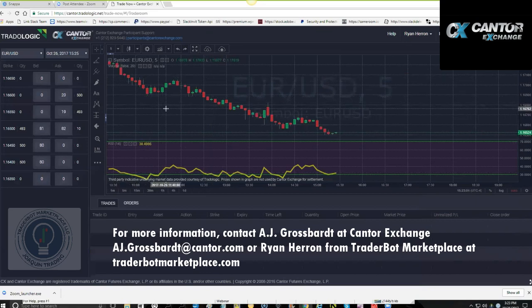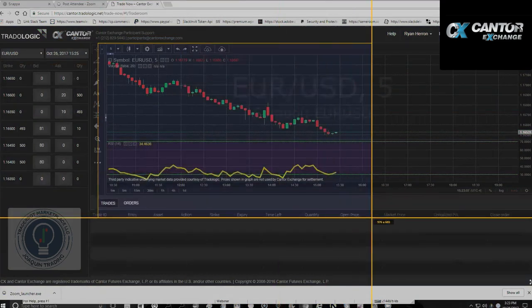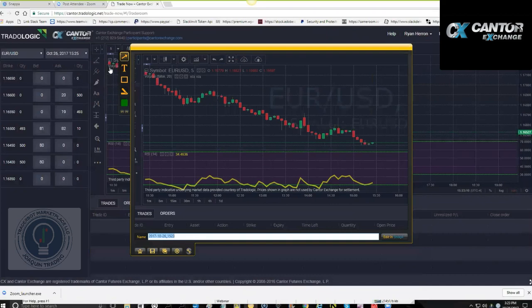There's several ways to do it. Number one, you can go back through the charts, let's say on Cantor Exchange. You can look right here, and as price closed, you can look and say, did this close up or down? Well, it closed down. Did this close up or down? It closed down. Did this close up or down?